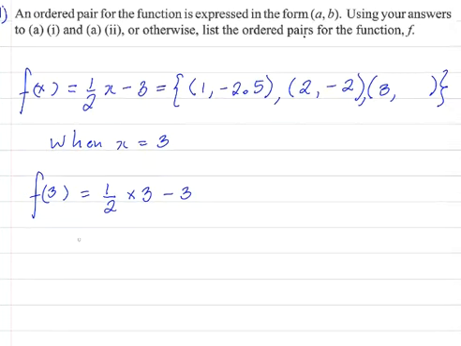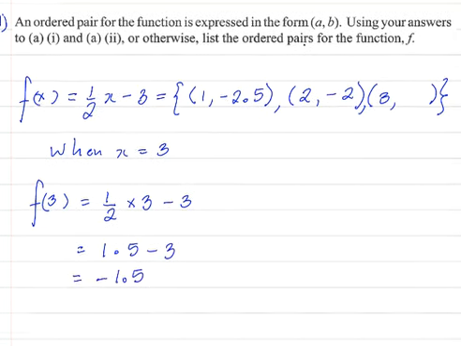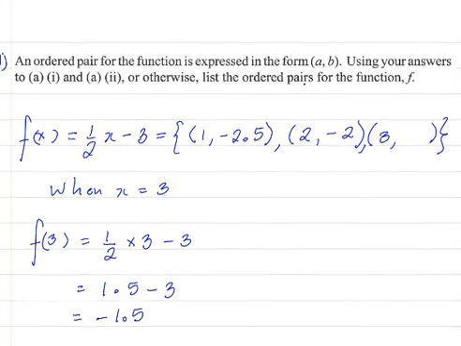A half of 3 is 1.5, minus 3. So this is minus 1.5. When x is equal to 3, f(x) is minus 1.5.